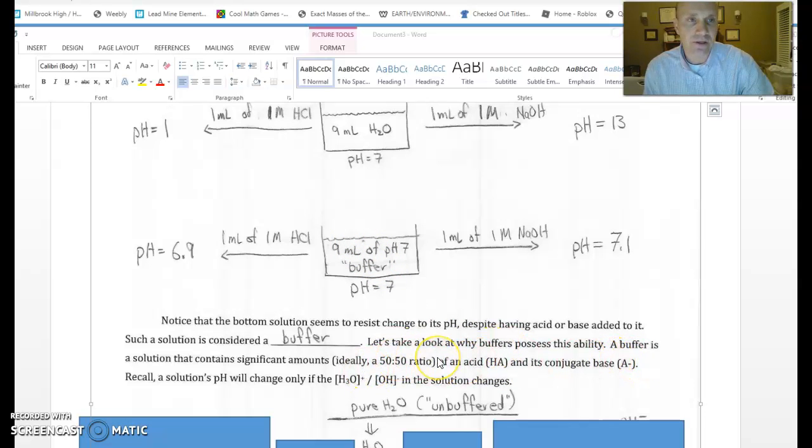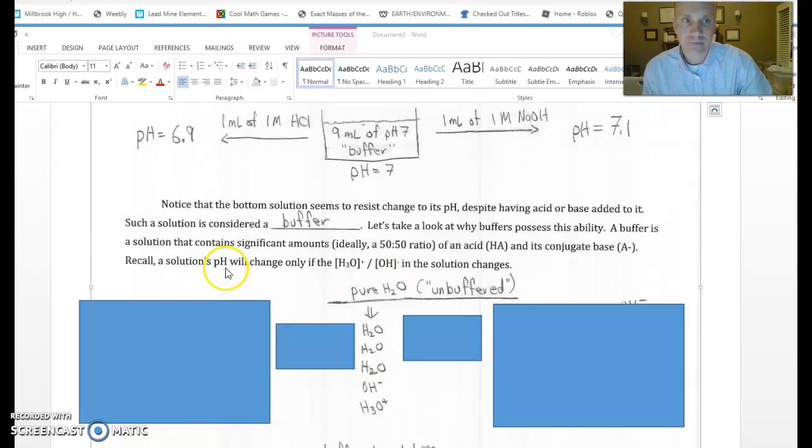And so let's take a look at why having that in a solution creates a solution that is very resistant to having its pH changed. To start this, let's recall what it means to be pH. Remember that pH, mathematically, is the negative logarithm of the hydronium, or H3O+, concentration, but effectively it has to do with the relative concentrations of either H3O+ or OH-.